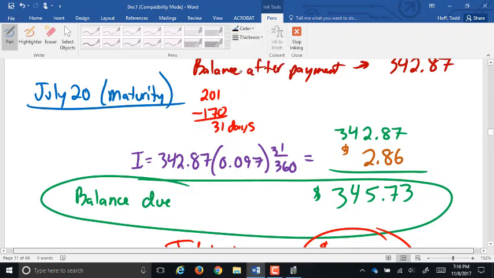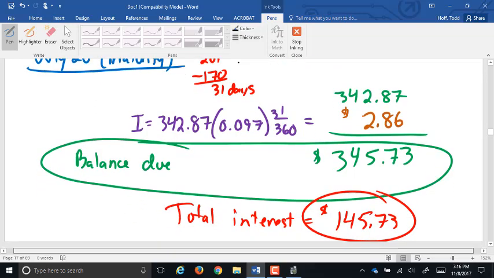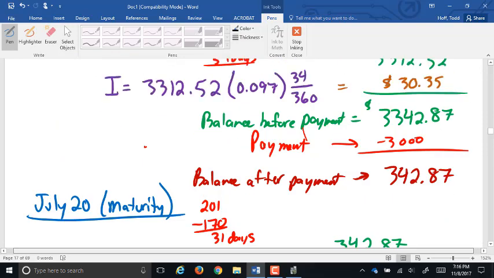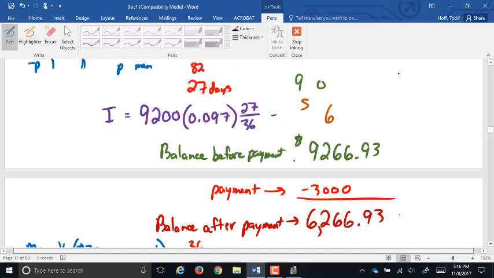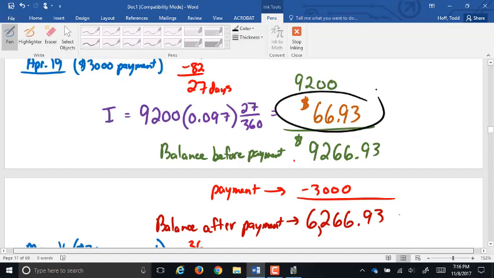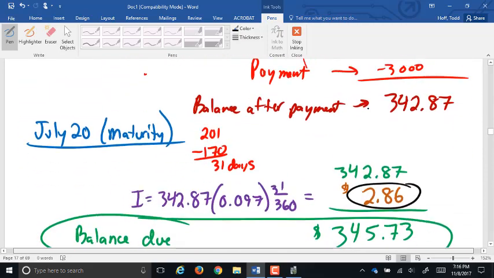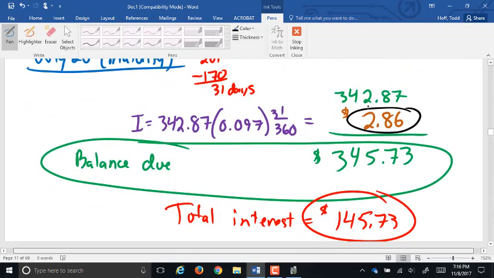Total interest, $145.73. That's the $2.86 plus $30.35 plus $45.59 plus $66.93. Does that work out?